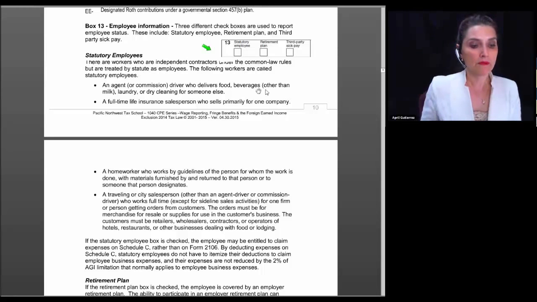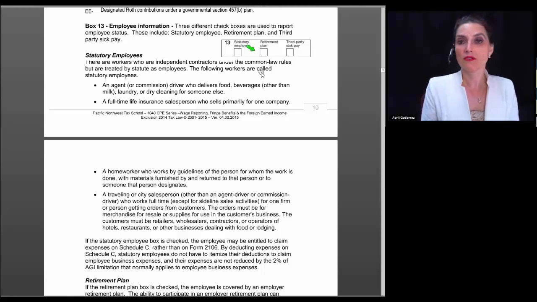For example, if the retirement plan box is checked, and it frequently is, and you don't tell the computer that it is, and then your client says, I put $6,000 into my IRA this year, your software is going to give them a deduction for that $6,000 IRA contribution because it doesn't know that they might not be eligible for it.